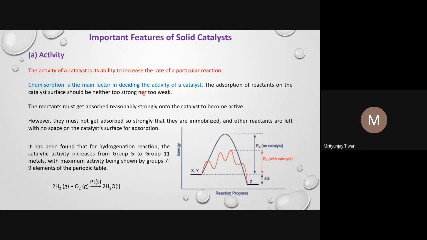The bond between the reactant and the catalyst should be strong enough that the bond that has to be broken is activated, and a good amount of energy is released to surpass the barrier. But the bond should not be so strong that the product molecules will not leave the surface to allow new reactant for the next phase of the reaction. This is what we talk about as activity, and it is important.